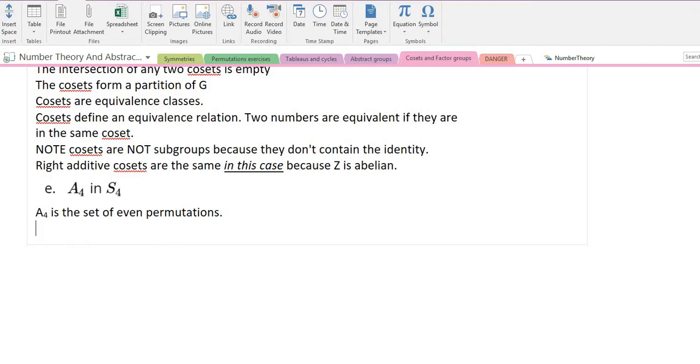Go up and say. Okay. All right. Now, A4 is a subgroup. Oh, we've talked about that. Okay. Now we want to figure out what are the cosets of A4 in this.